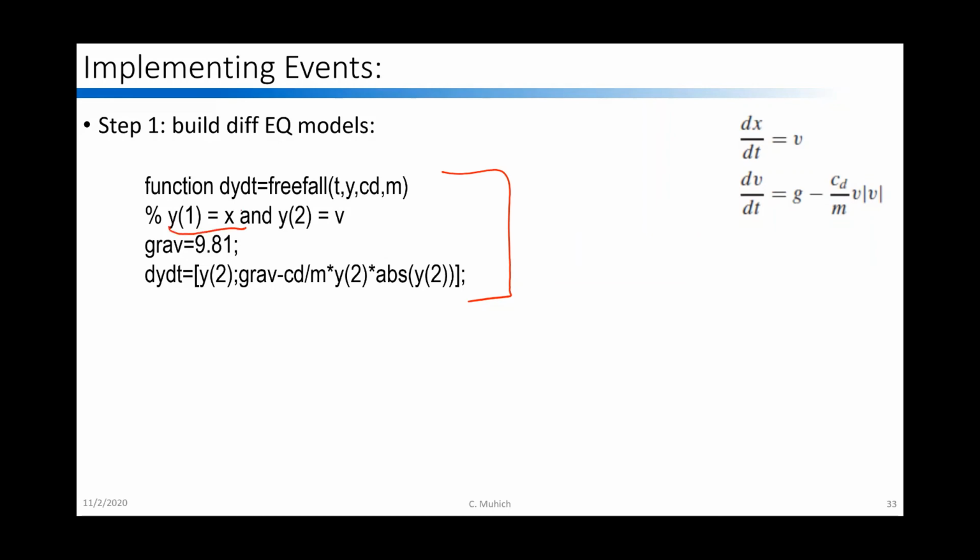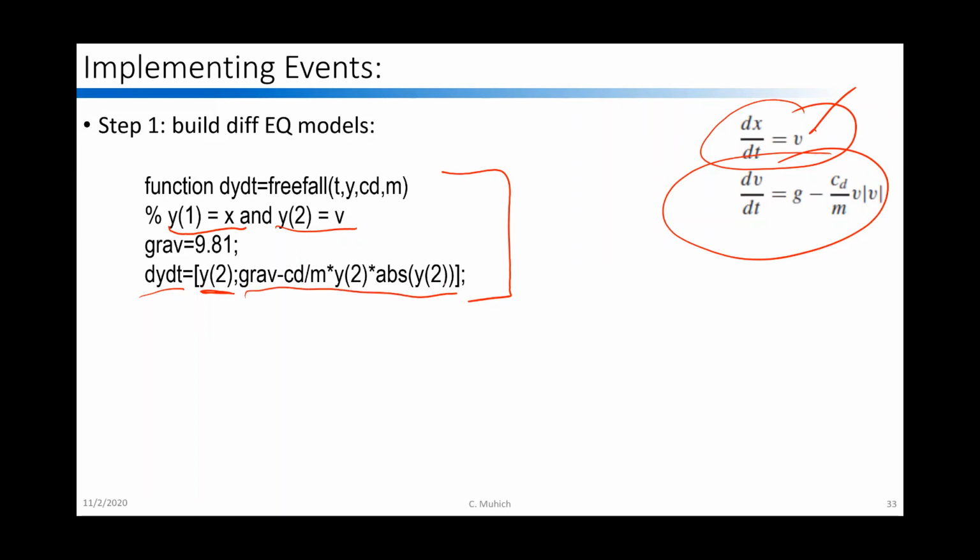I'm going to call y1 my x, and y2 is going to be v. If I go back and look at these equations, my dy1/dt is just y2. That's this equation. Then that second row is going to be gravity minus coefficient of drag over mass times y2 times the absolute value of y2. Now we're going to define an event.